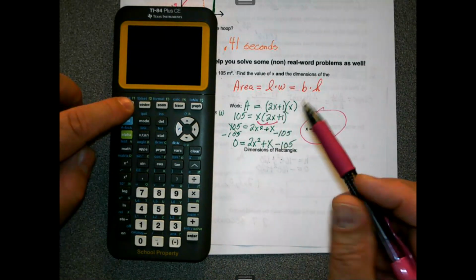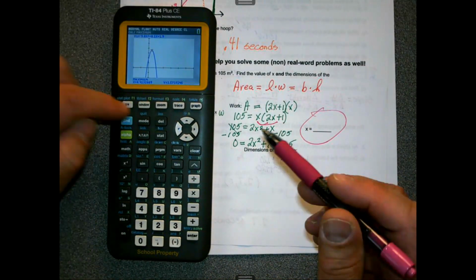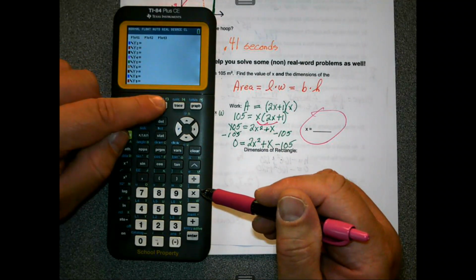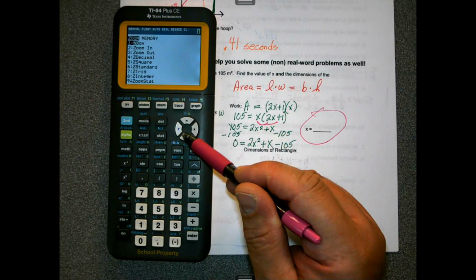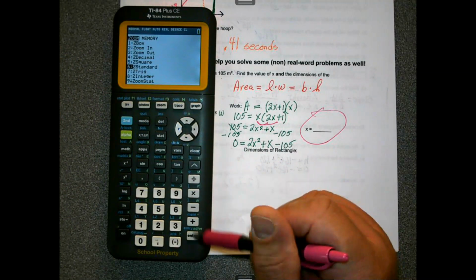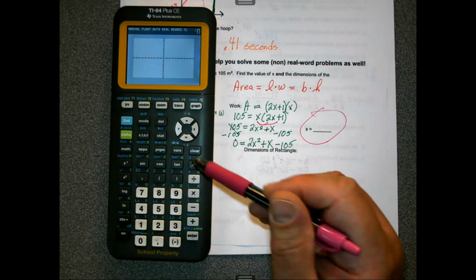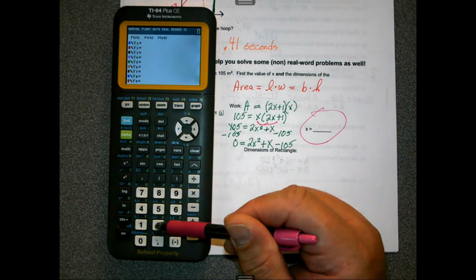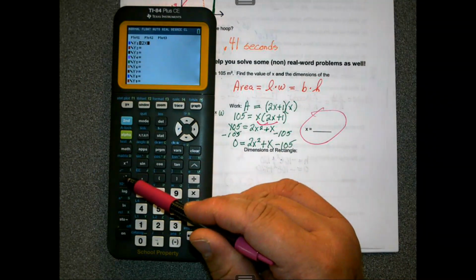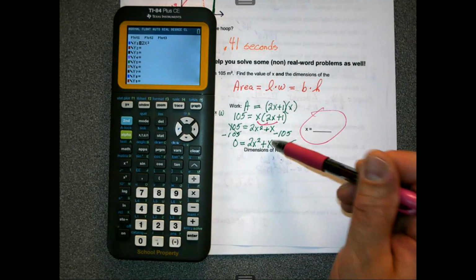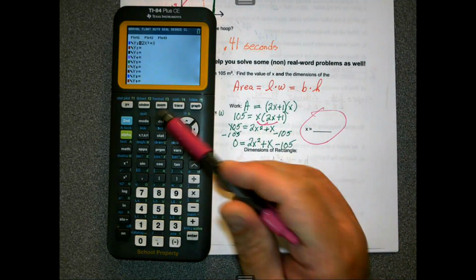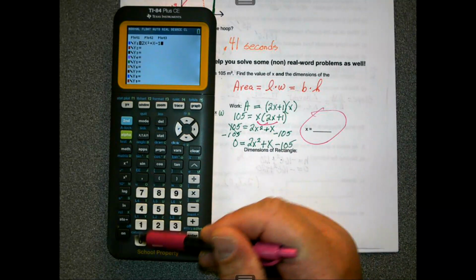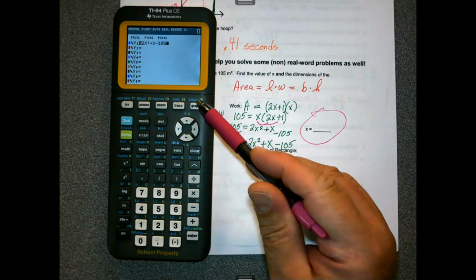So I'm going to go ahead and put it in my handy dandy calculator here. I'm going to clear that out. I'm going to go to my Zoom Standard, get back to my default graph, and put in 2x squared plus x minus 105. I'm going to graph it.